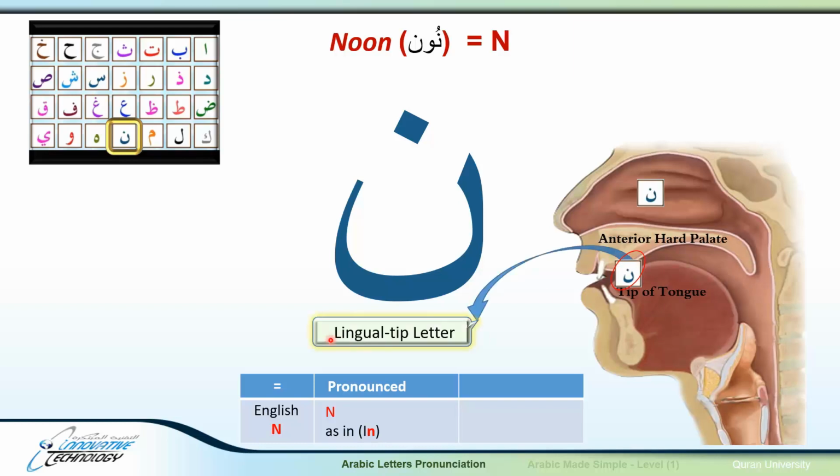That's why we classify it as a lingual tip letter. Yet it has a second articulation point at the nasopharynx, which gives the nun its nasal tone. So it's also classified as a nasal letter, a combination of lingual and nasal.